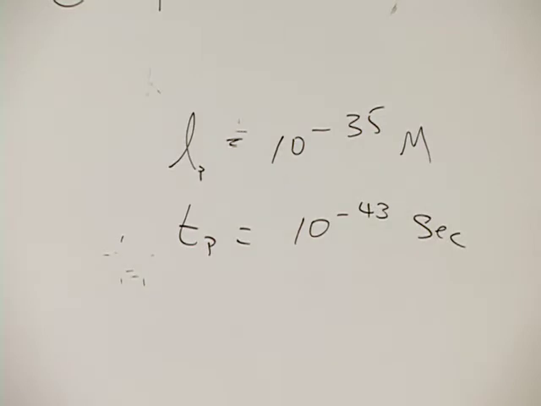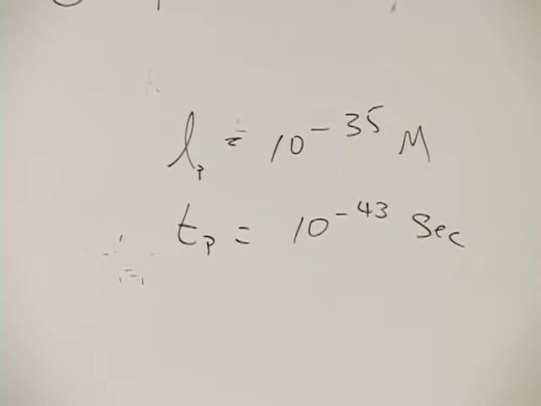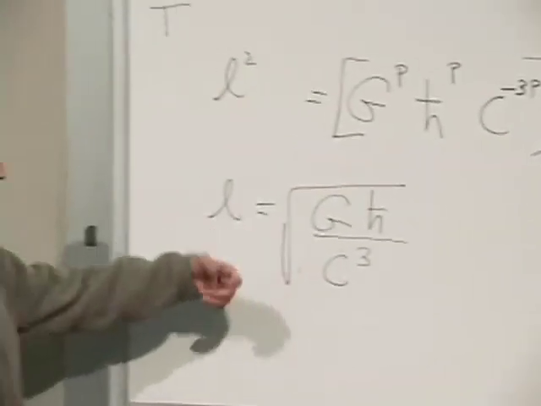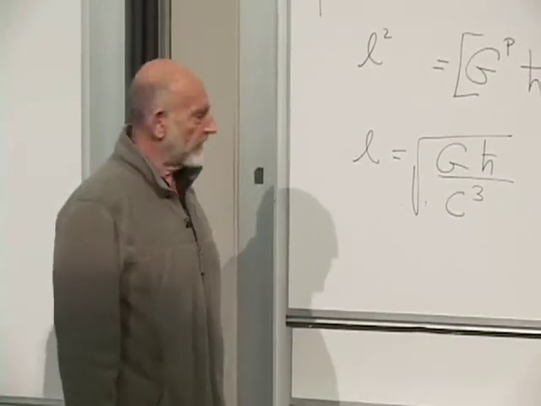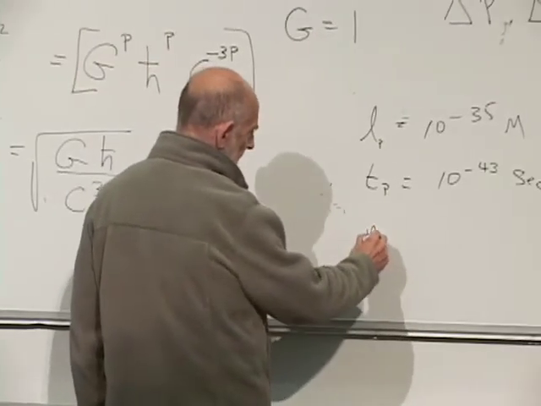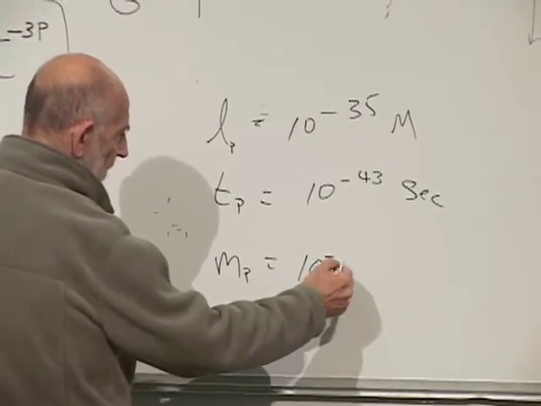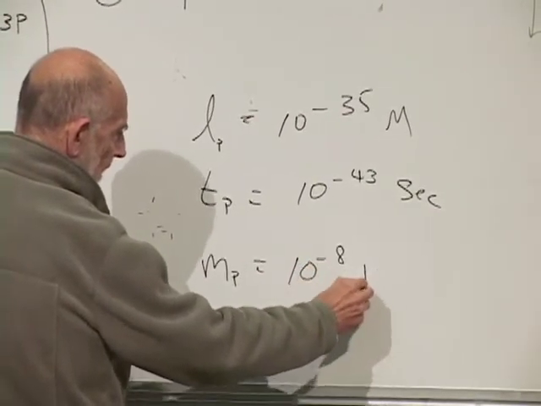Now what about the Planck mass? We haven't figured out what the Planck mass is, but we could do exactly the same calculation from H bar. The Planck mass would be about 10 to the minus 8th kilograms.